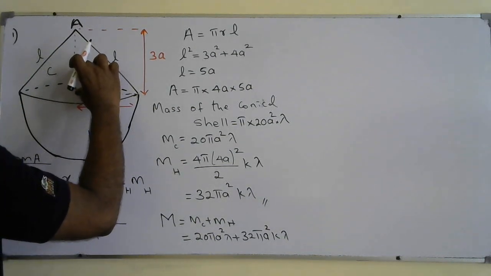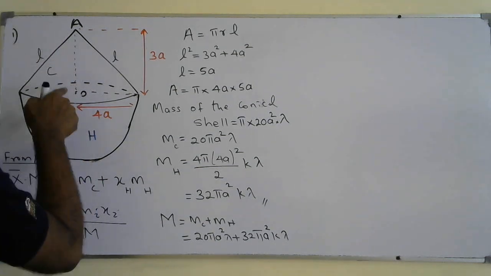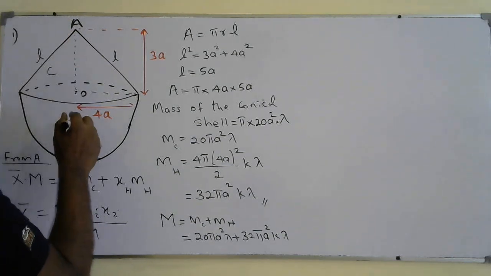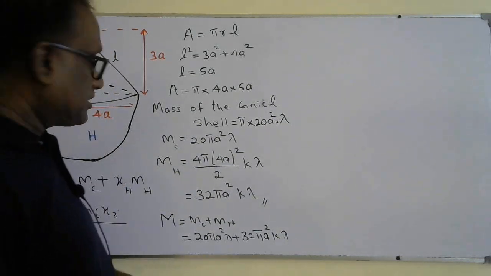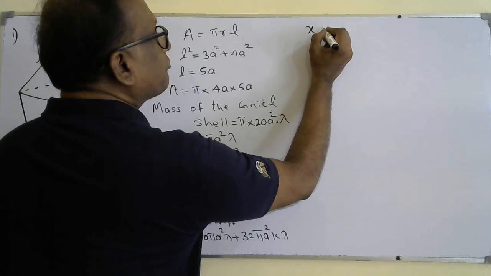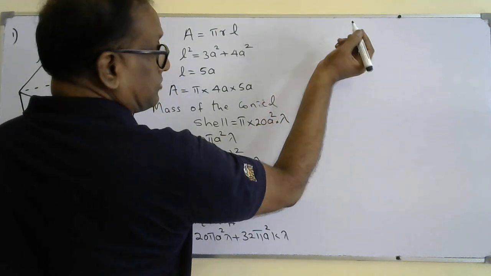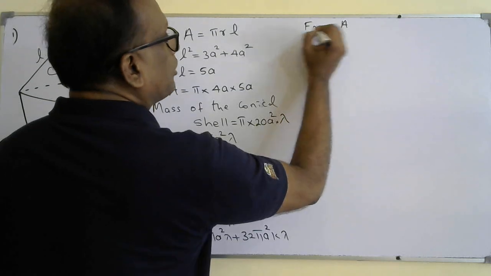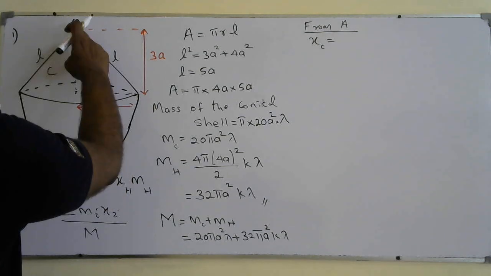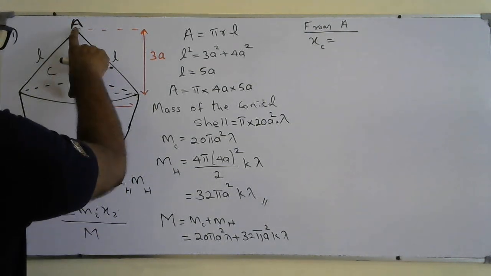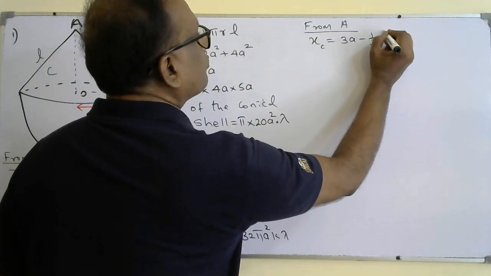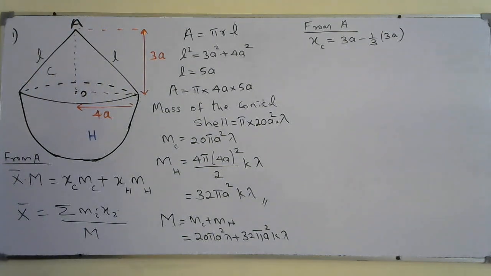So from A, the distance of the center of mass of the conical shell, which I named XC, is 3A minus 1/3 of the height. The height is 3A. So you will get 2A.